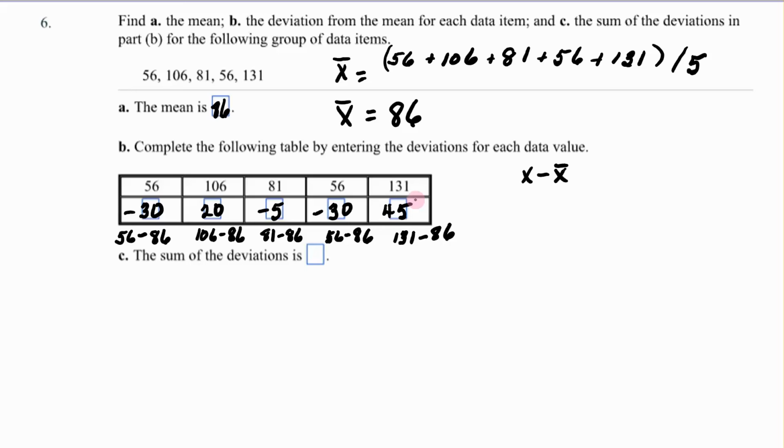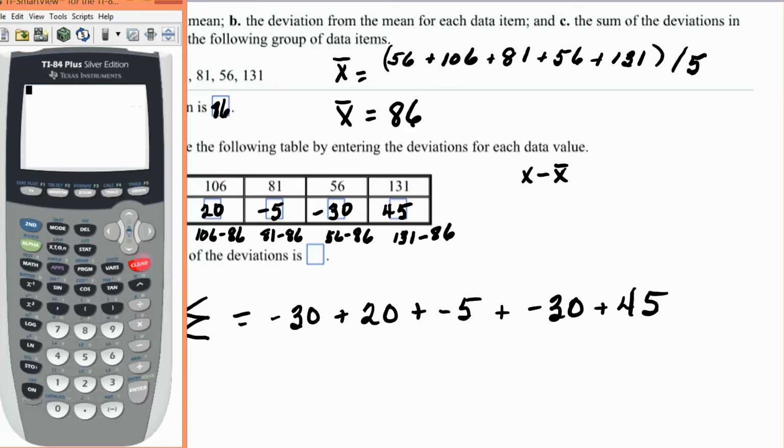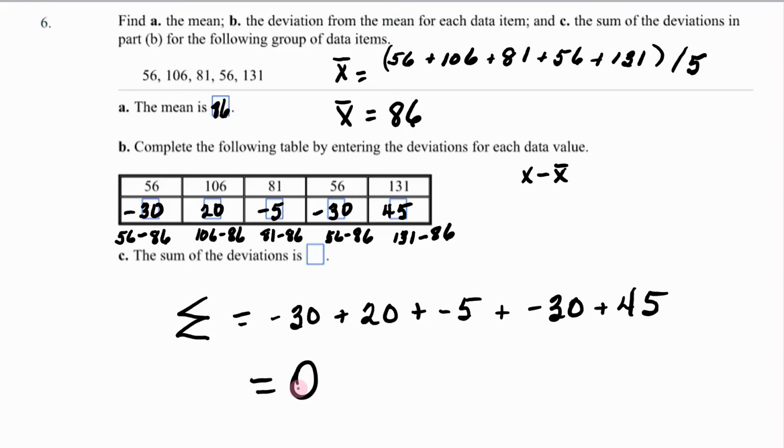The sum of the deviations is negative 30 plus 20 plus negative 5 plus negative 30 plus 45. Let's check it. And I think we're beginning to see that the sum of the deviations is going to be 0.